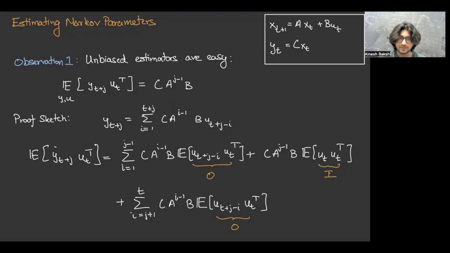So if I have u sub t plus j minus i times u sub t transpose, the expectation of this term is 0 since the u's are independent. The only non-zero term here is when the u's are the same. And when this happens, the corresponding expectation results in the identity matrix. Therefore, we're just left with C times A to the j minus 1 times B.